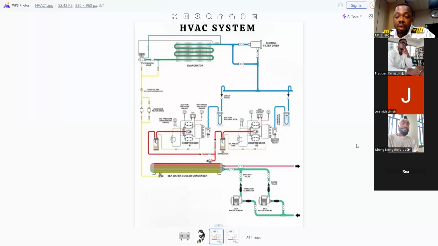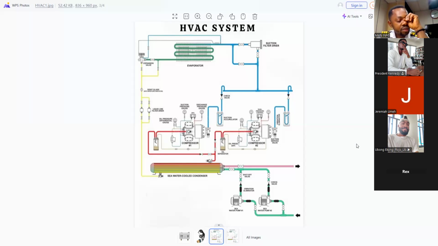My name is Kennedy, I would like to know the common signs of a bad sensing bulb.